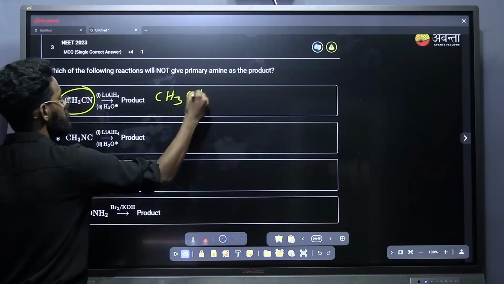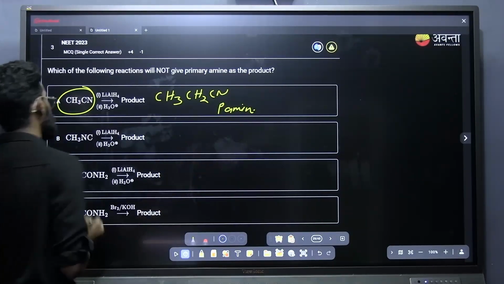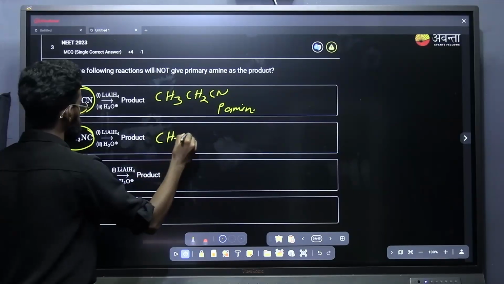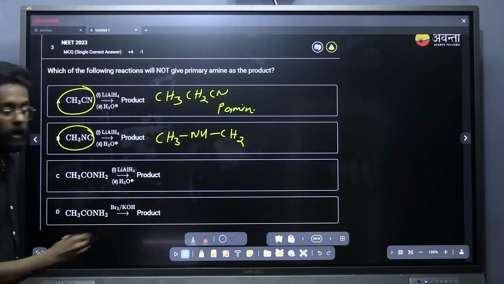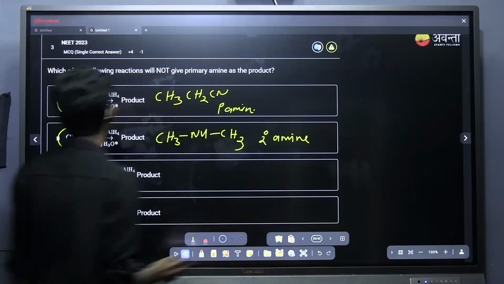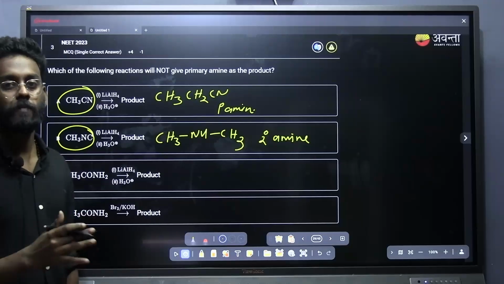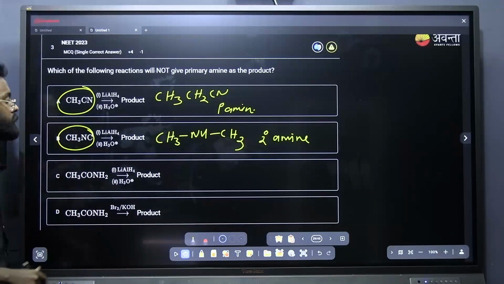CH3CH2CN, we are getting primary amine. And what about isocyanide? In the case of isocyanide, we already discussed that we get CH3-NH-CH2, a secondary amine. Most of the cases are preparation of primary amine, and one of the preparations of secondary amine is by using isocyanide.